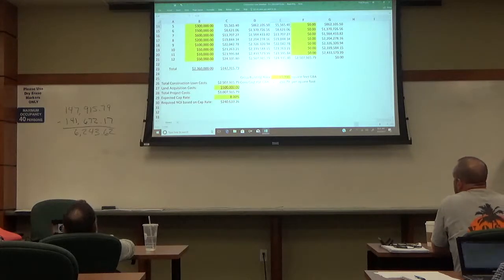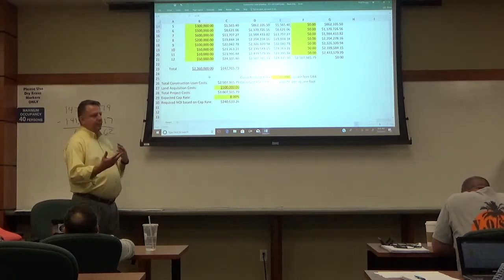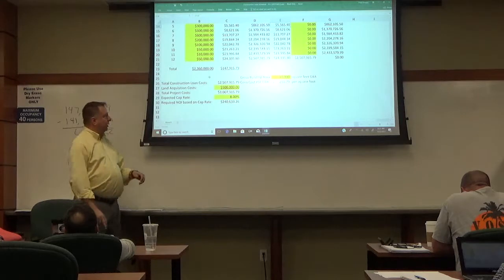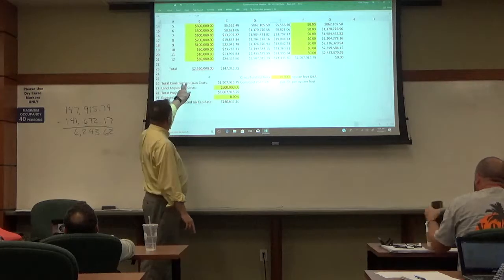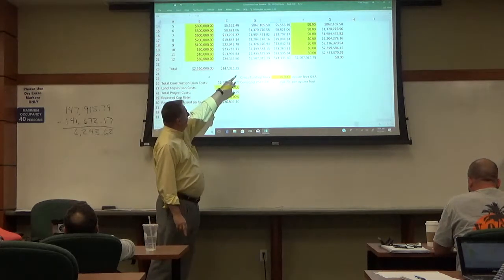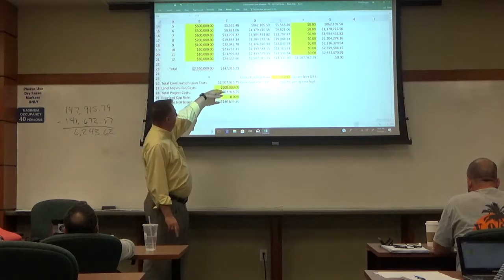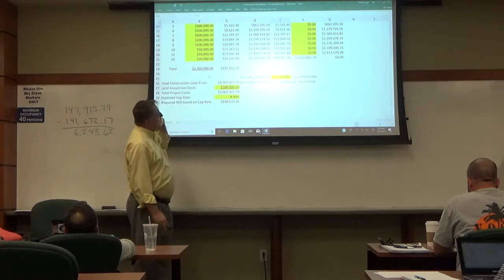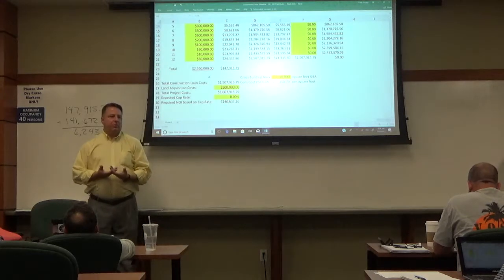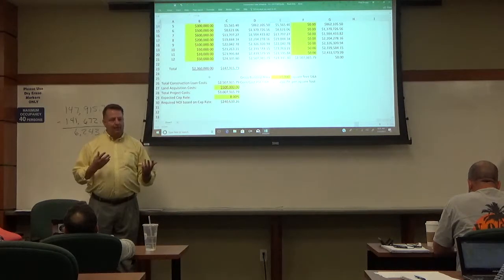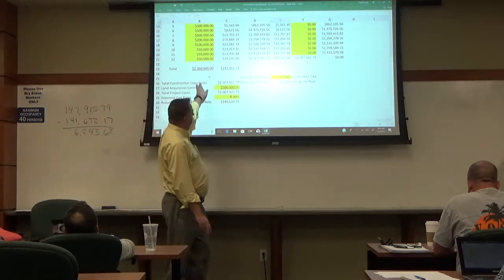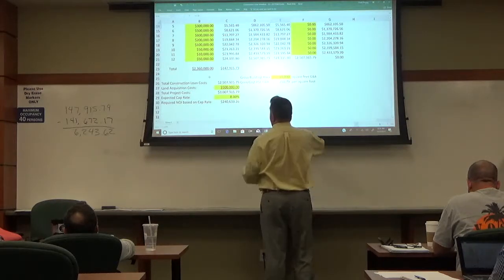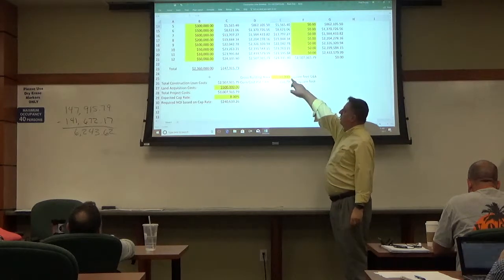Now, down here at the bottom of this model, there are a couple of other little things I've included to get a sense of what's really happening here. You've got your total construction loan cost of 2,507,915. To get a sense of what that means on a per square foot basis, we simply take that amount and divide it by your gross building area.